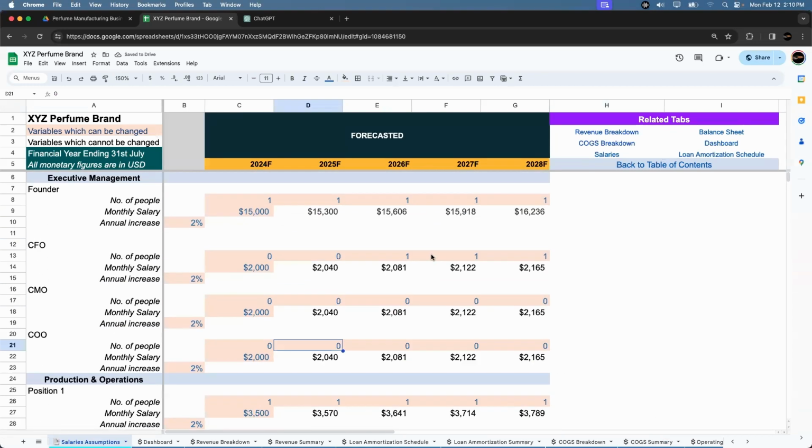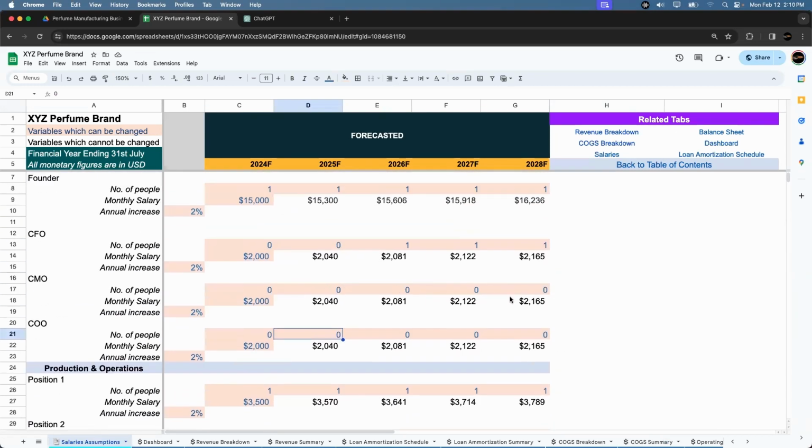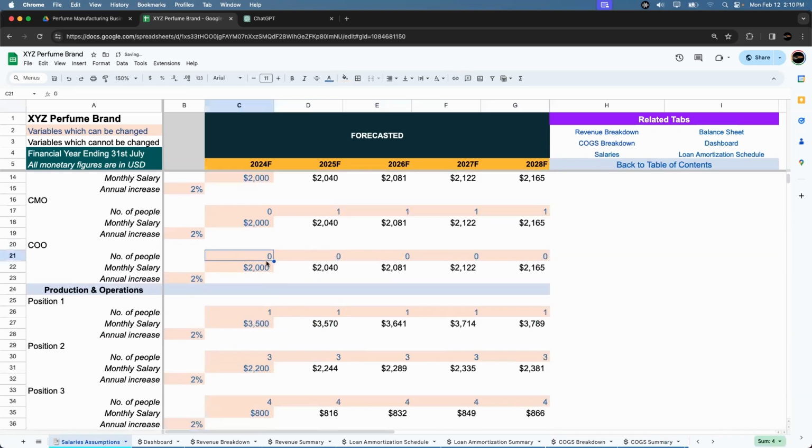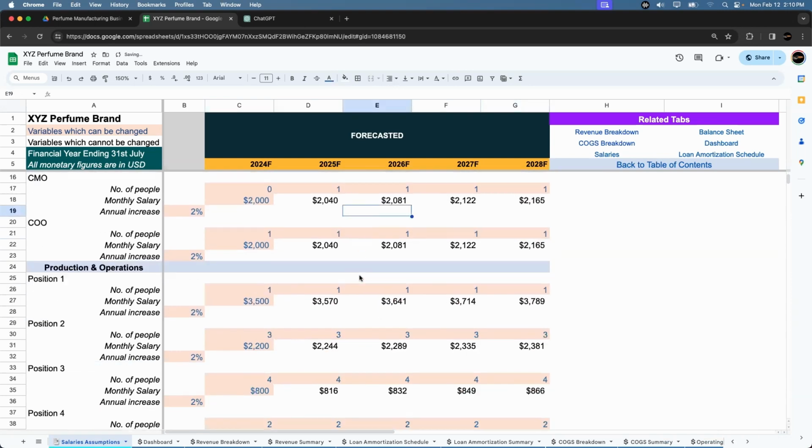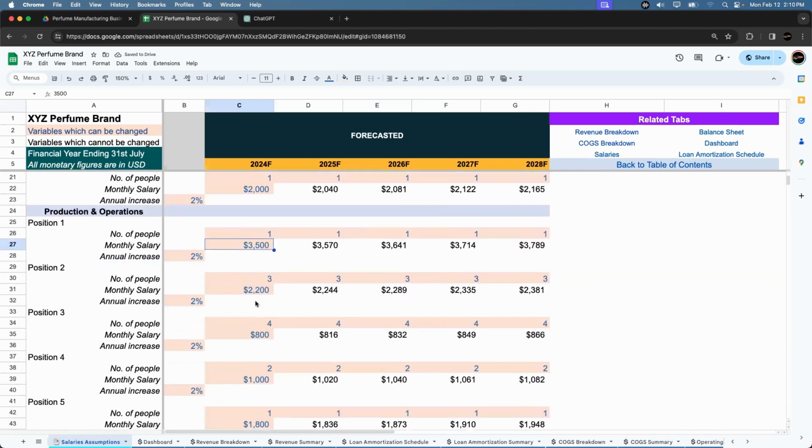For CMO, let's say if you want a CMO, or chief marketing officer, from the second year onwards, then you can just put them in here. So this is the way we adjust these numbers.